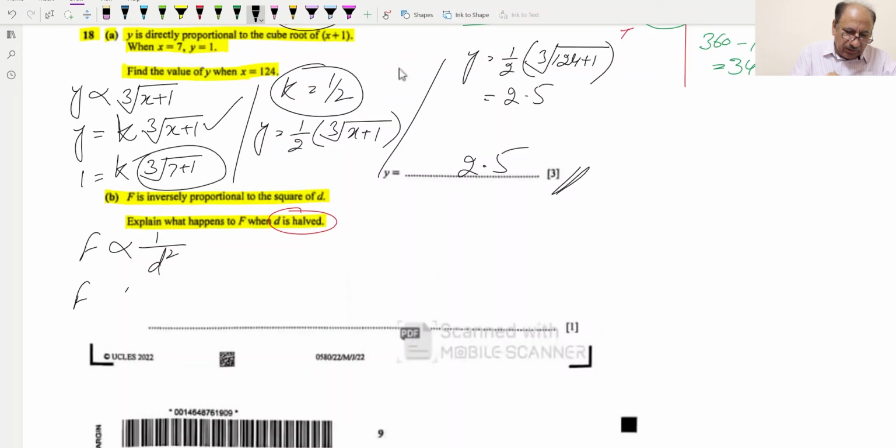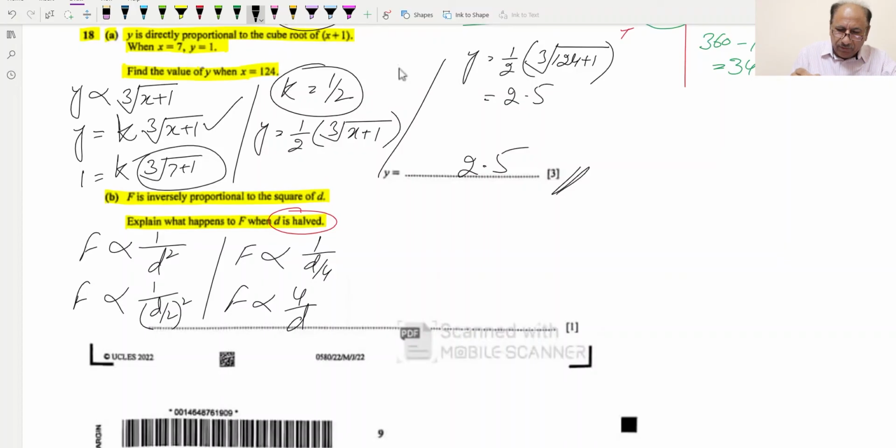So we can write f is proportional to 1 over (d by 2) squared, which is 1 over d squared over 4, so f is proportional to 4 over d squared. So we can write that f increases by 4, which we can see from here.